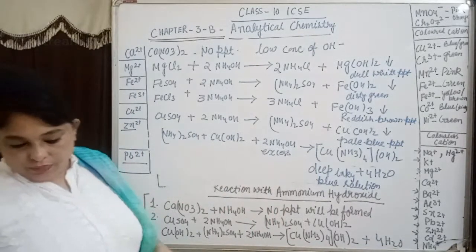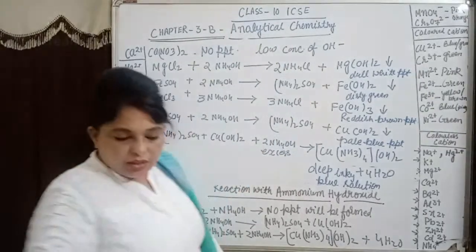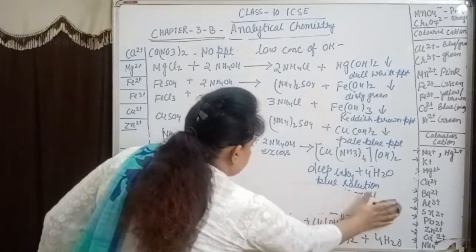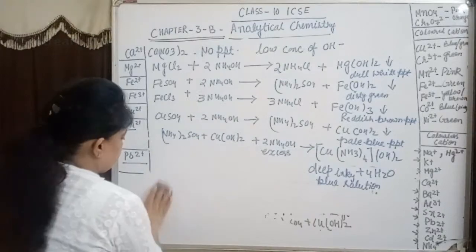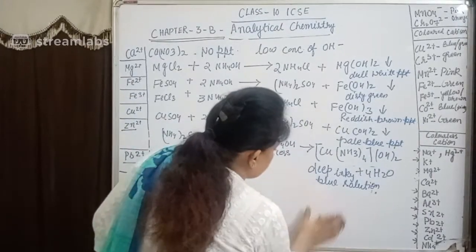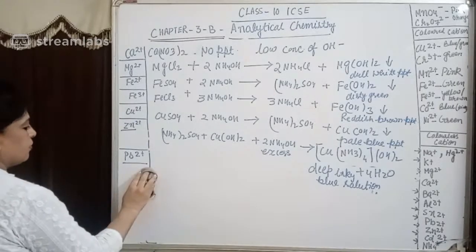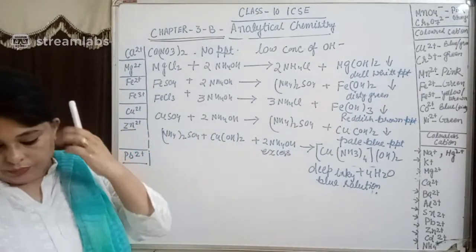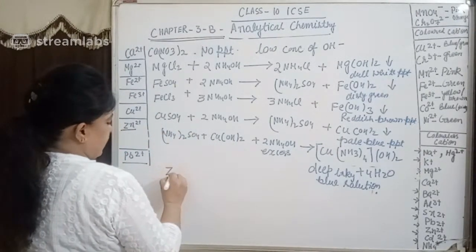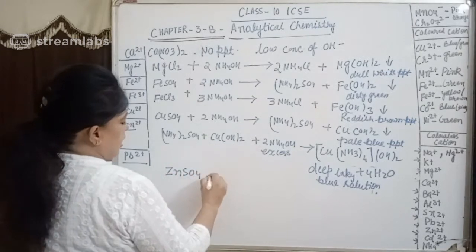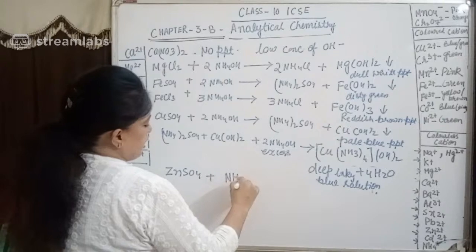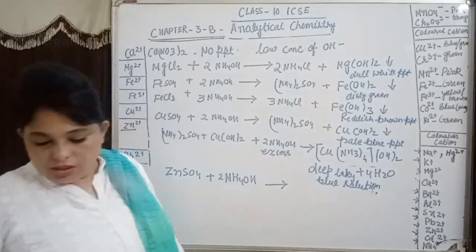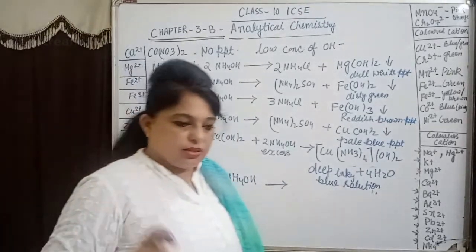Now the next reaction, we are going to do the same reaction with the zinc salt. Okay, now when we take zinc sulfate and add ammonium hydroxide, what is the color of the zinc precipitate? White gelatinous, right?